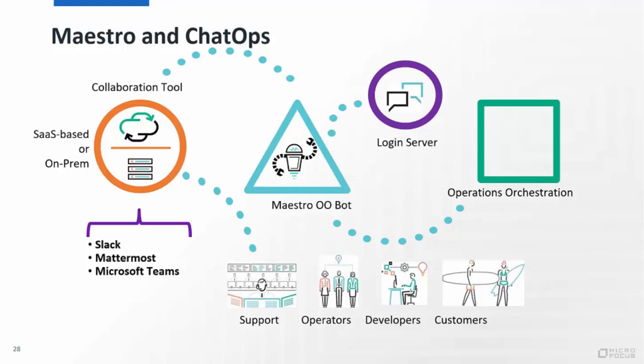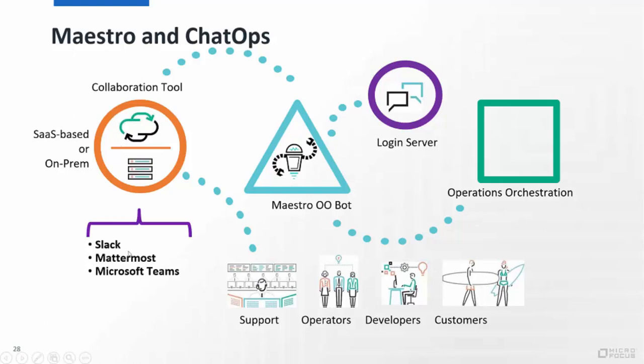So we've prepared this slide for you just to highlight where exactly Maestro fits into, let's say, the ChatOps story. We are seeing Maestro here, which is the OO Bot.